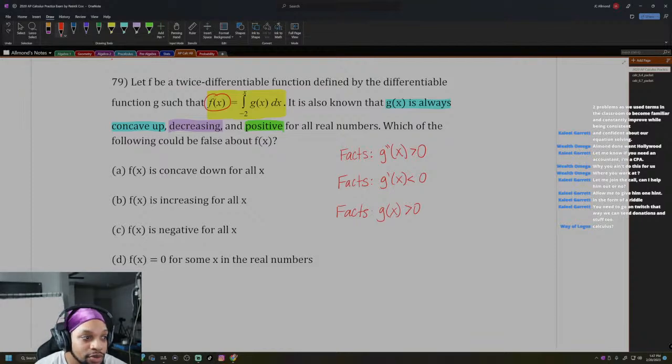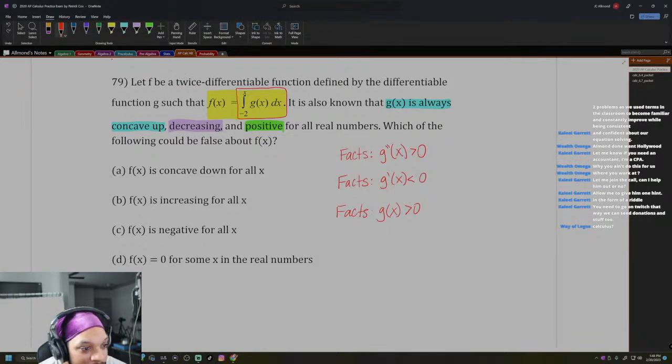Well, let's see. Let's just start from the bottom. g of x. How do I obtain g of x from this right side? What can I do to the right side of this equation to obtain g of x, which is just the function itself?